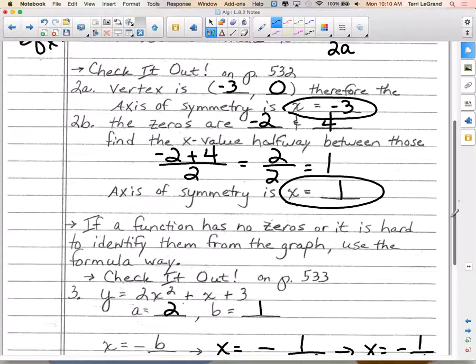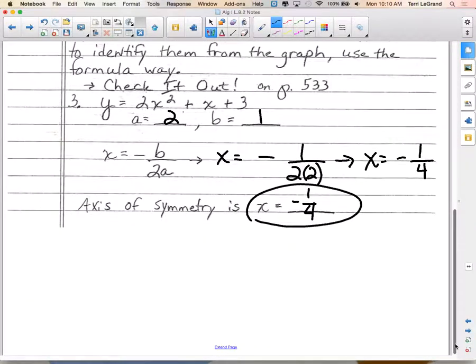Okay? Now the next set of directions say for each quadratic function, find the axis of symmetry of its graph. 9 through 12. What do they give us? The equation. So what's the only way possible to find the axis of symmetry? Using x equals negative b over 2a, like we did down here in number 3 on this side, okay?